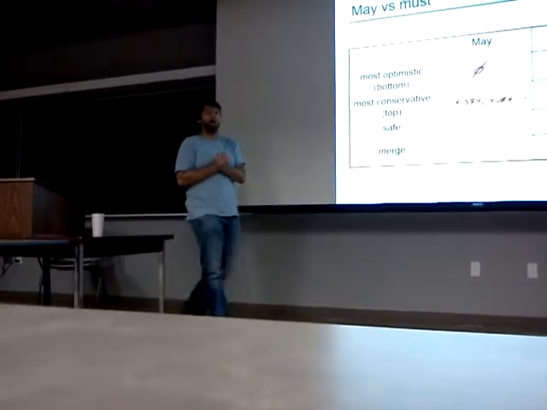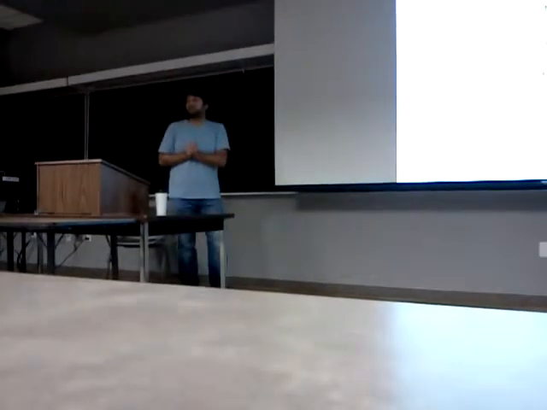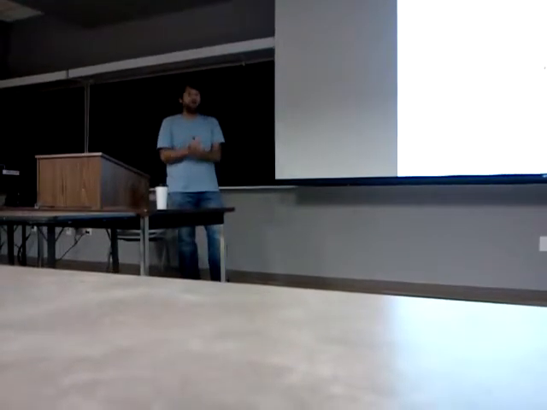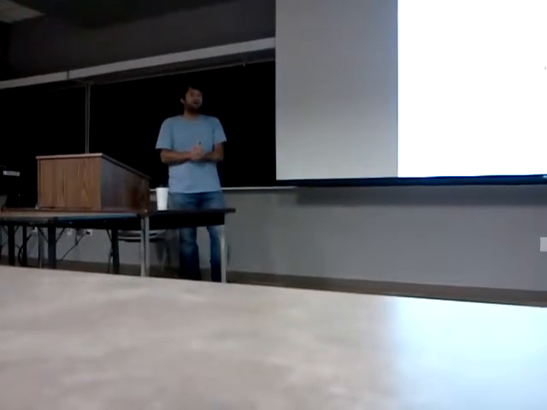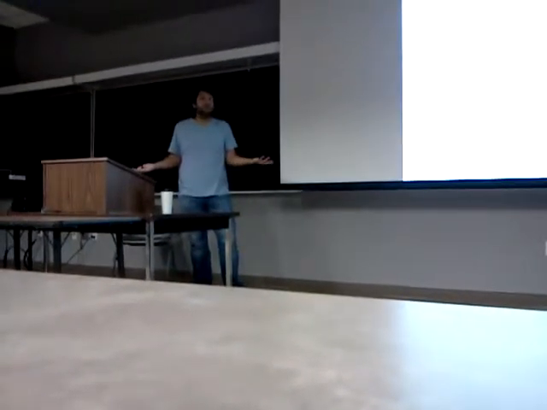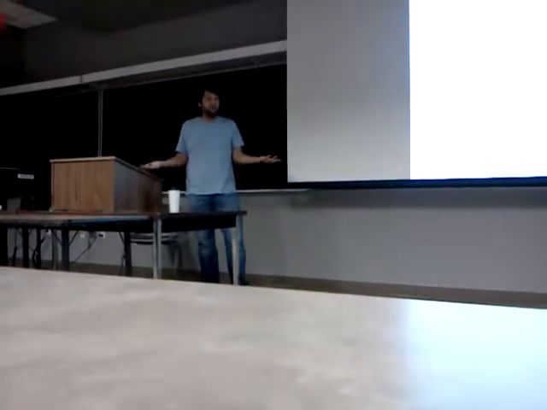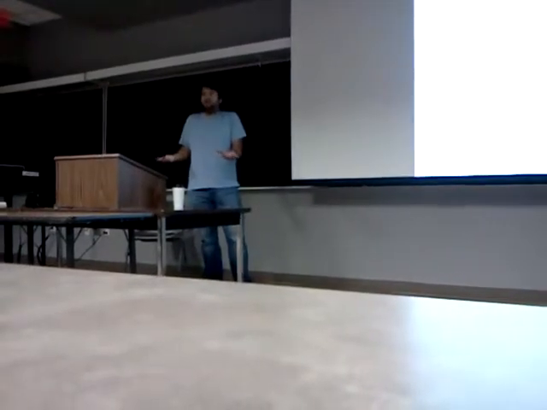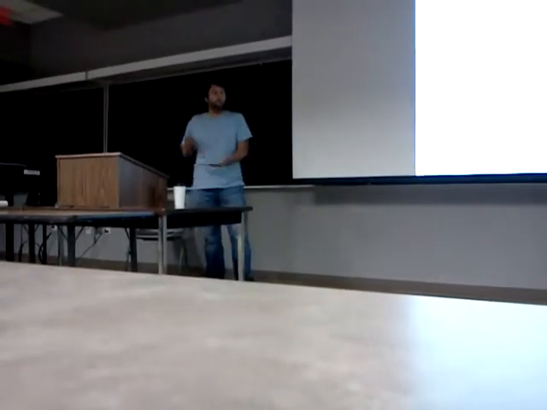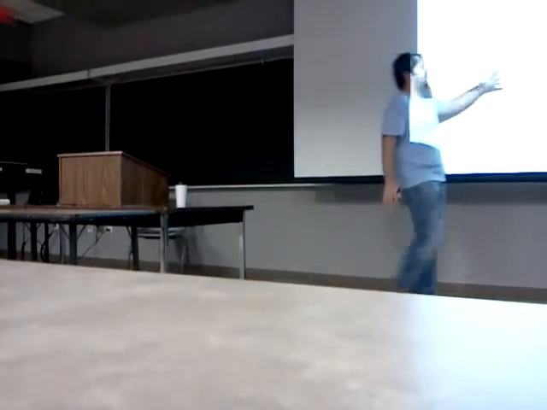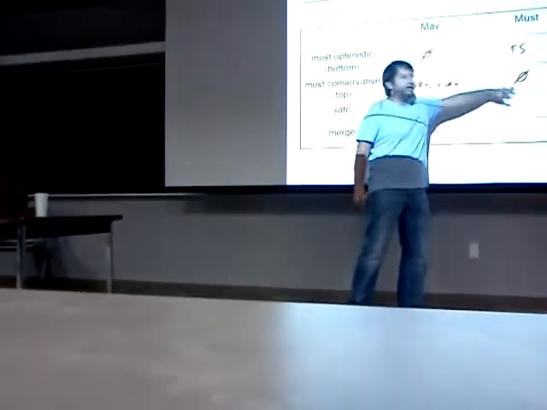If we do a must, that's a must analysis, right? Because we want to know for sure the constant is that. We don't want to know that X may have the value 5, because that doesn't allow us to do any optimizations. If we know that it may have the value 5, it means that it may or it may not. So what we want to know is it must have the value 5. And so it's a must analysis, and as a result, what's the most conservative?